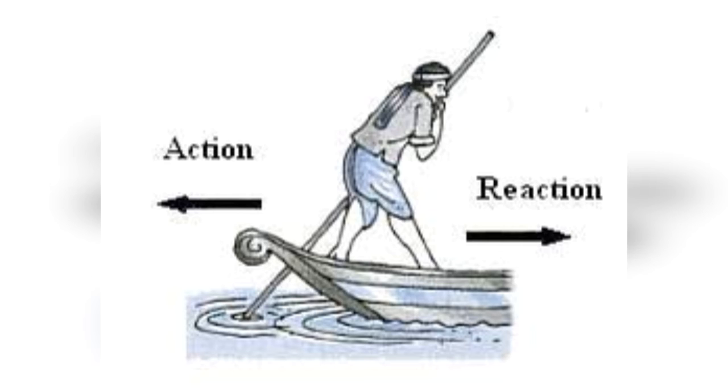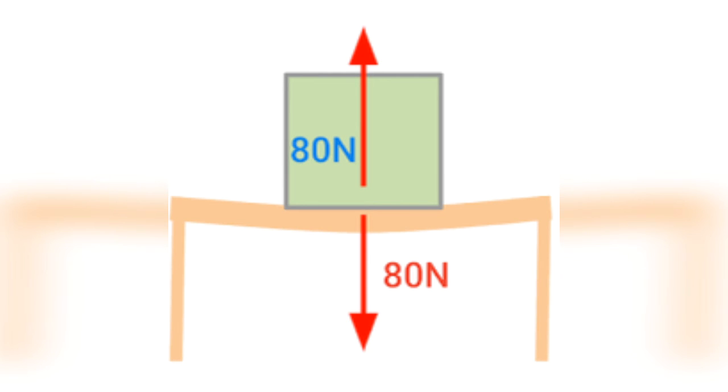Suppose a box is placed on the ground. The box is exerting a downward force equal to its weight. As the box is at rest, it is in equilibrium. Therefore, an upward force equal in magnitude to its weight must act on the box.